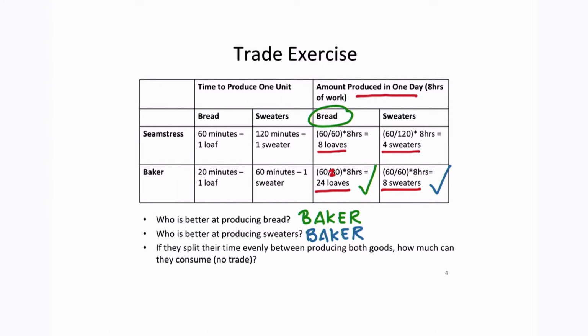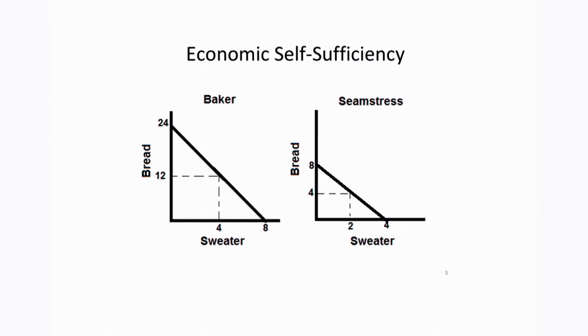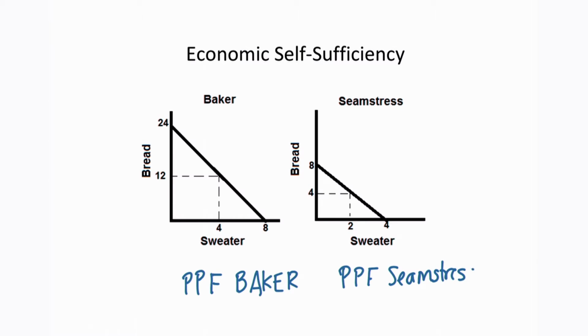So let's assume first that they're evenly splitting their time between the production of both goods. How much can they consume? So here we have their production possibility frontier for the baker and the production possibility frontier for the seamstress. This is the total amount that they can produce in one 8-hour day.